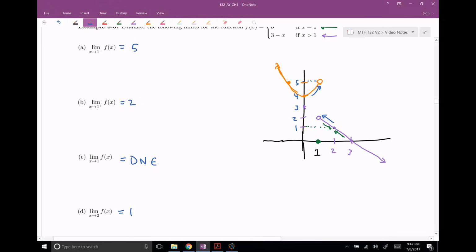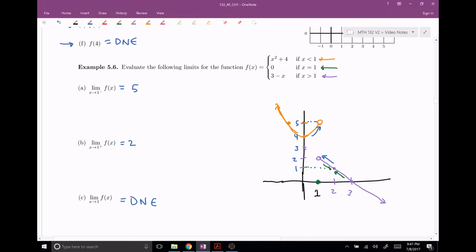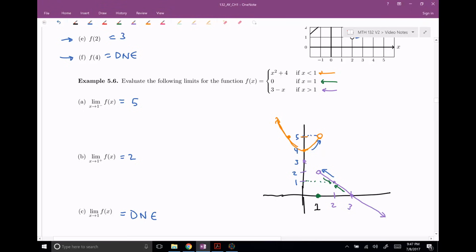Now I want to show you something kind of interesting. This is kind of a faster way to do this problem. I'll do it for part A and for part B here. But it takes a little bit more practice, and it's not a graphical approach. So, okay, if I'm less than 1, let's think about this again. I'm approaching 1, I'm a little bit less than it.